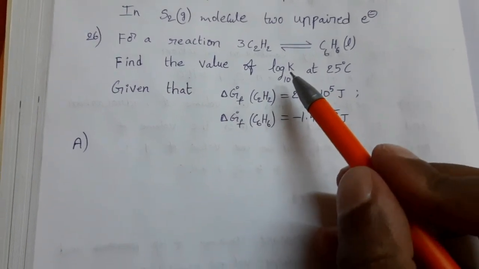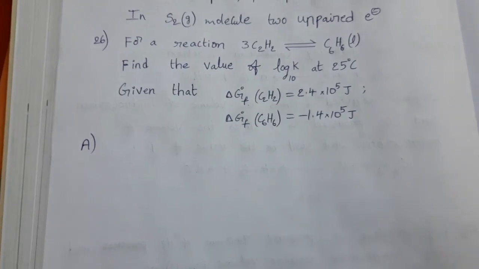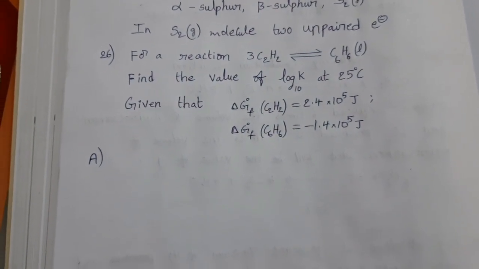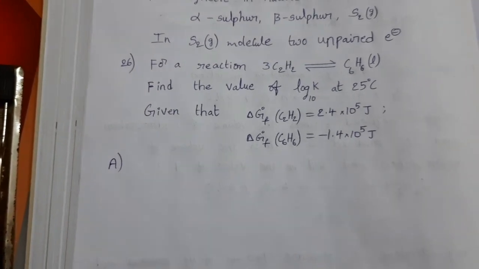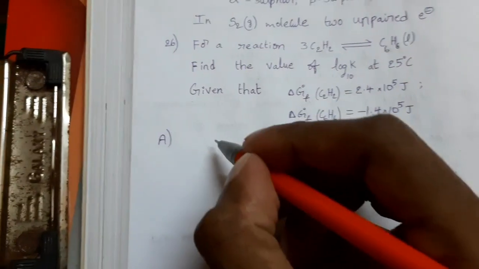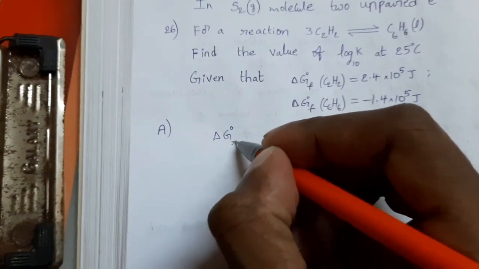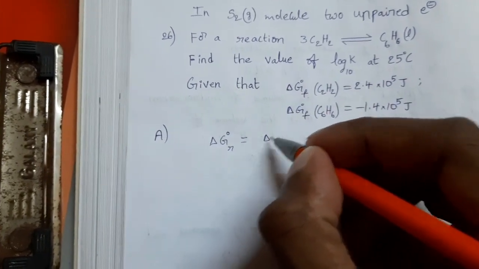Now we have to find out log K base 10. From this given data, first of all, we should calculate change in Gibbs energy of the reaction. The formula: delta G naught R equal to change in Gibbs energy of the products.